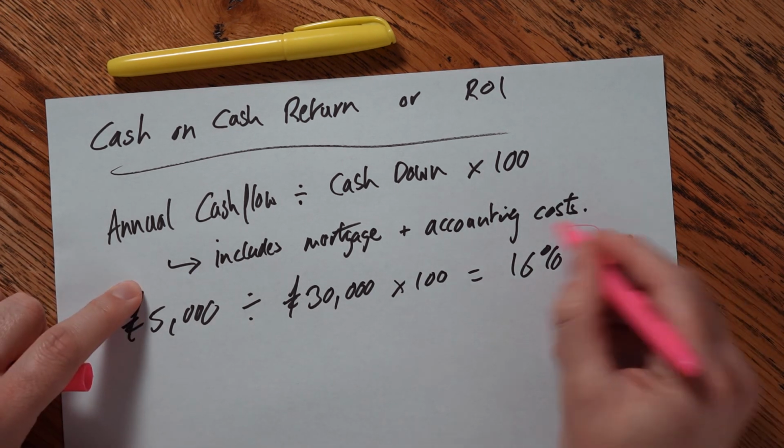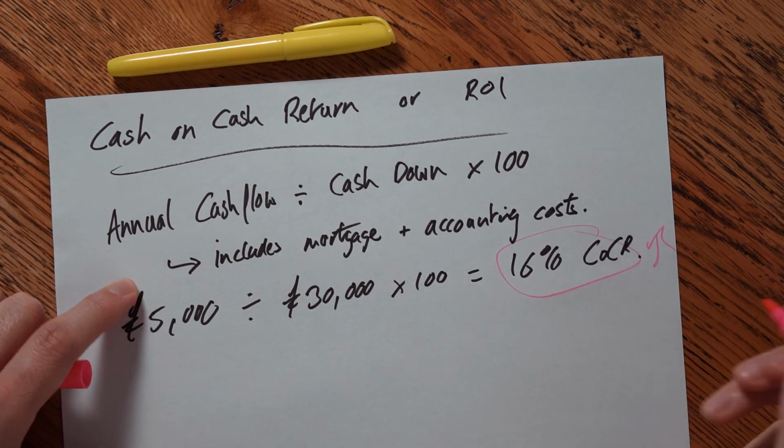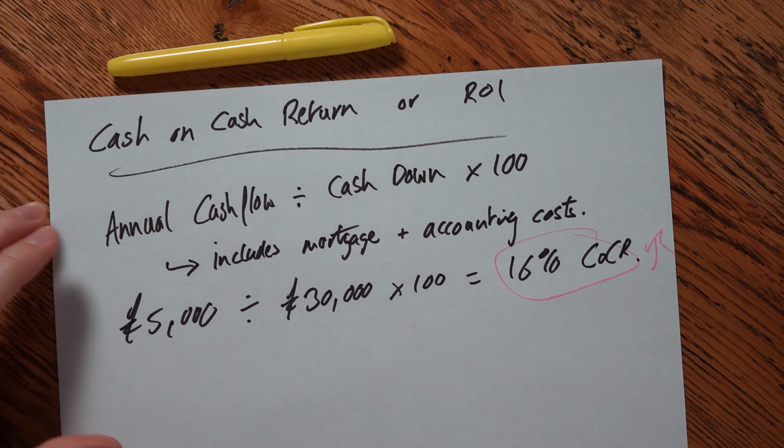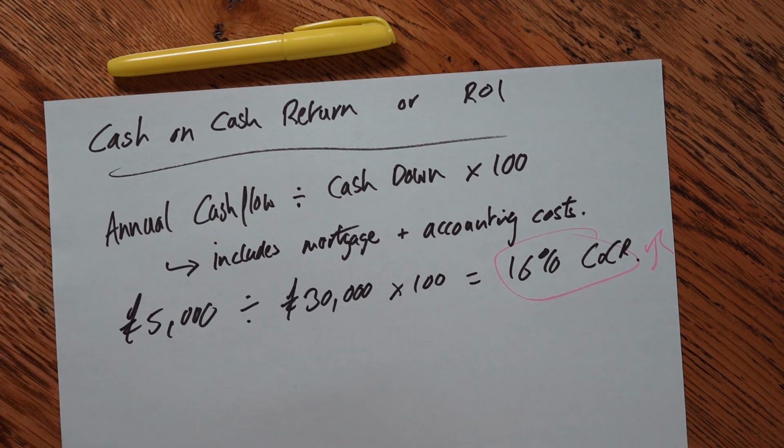And obviously what we're trying to do here is make this as high as possible. You should always use this one when doing a deeper dive on a buy-to-let investment property. You don't need to use all of these calculations for every property that you look at. Start with yield and then net operating income, and then if those two stack up, look at cash on cash return.